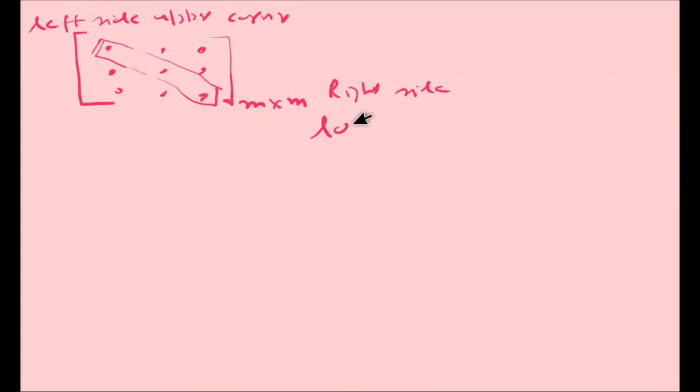In a square matrix only we will constitute this diagonal. Here is also a diagonal, this one is also a diagonal, isn't it? But we don't write this diagonal, we write only this diagonal: the upper left side corner and the right side lower corner. We described only this diagonal.